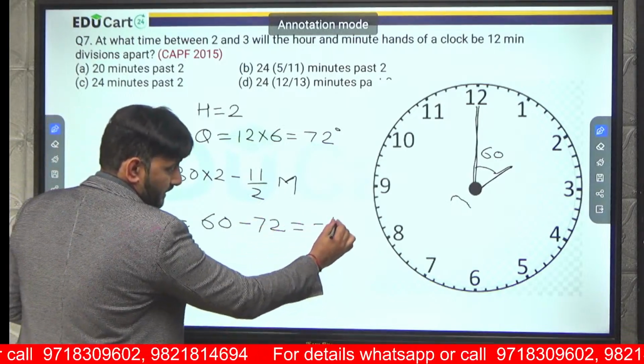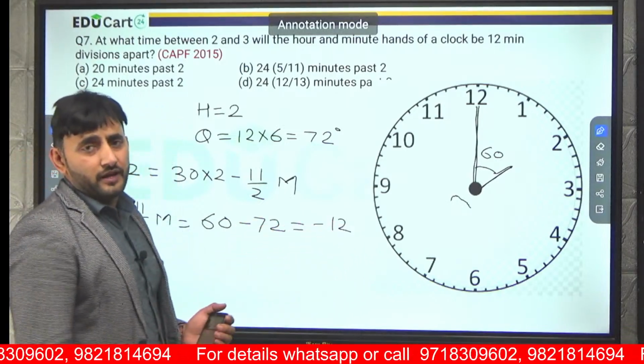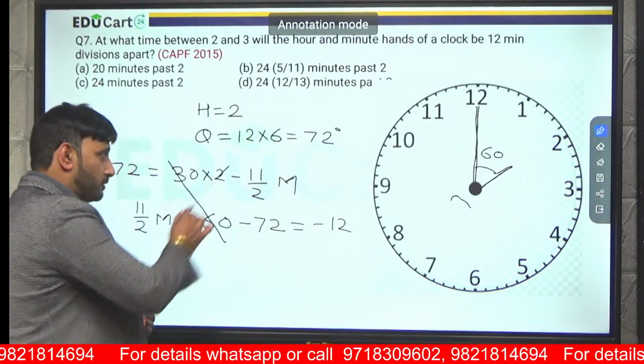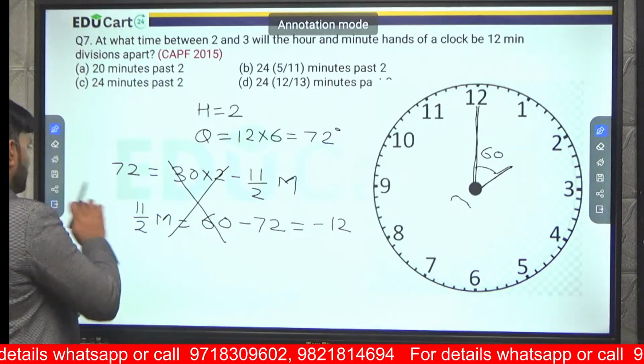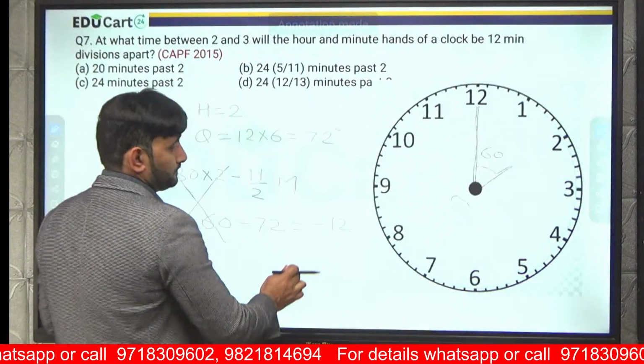So that is a negative value. Minutes value cannot be negative. So that's why we can't put the hour hand first. Okay. Let's move ahead.